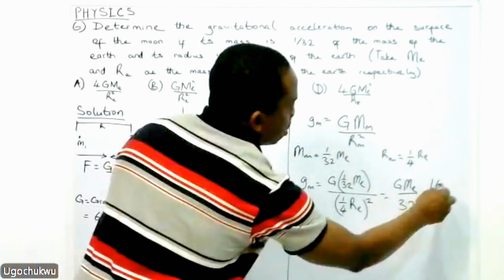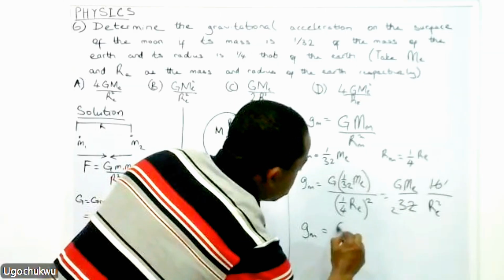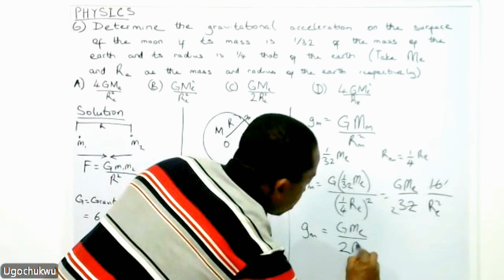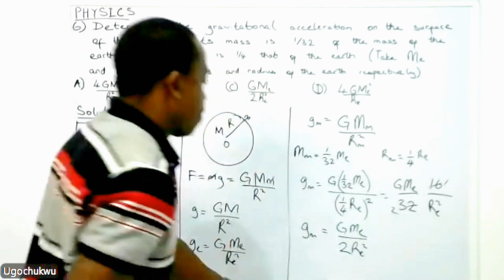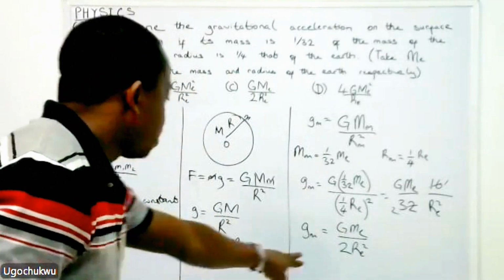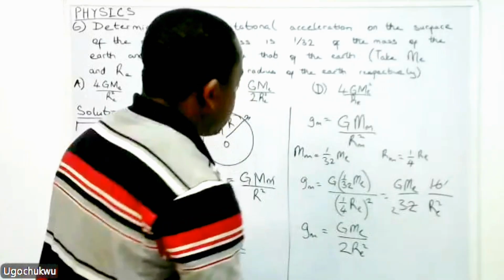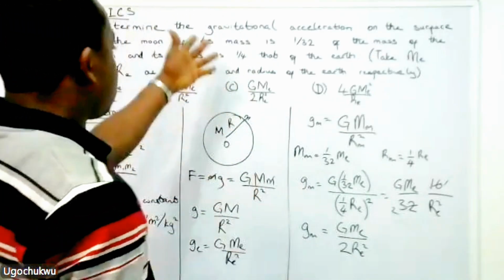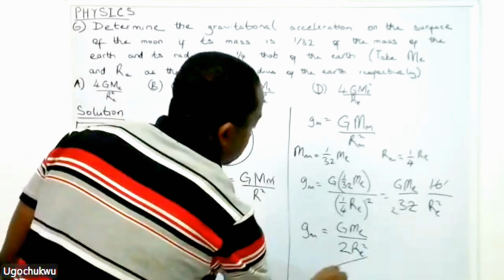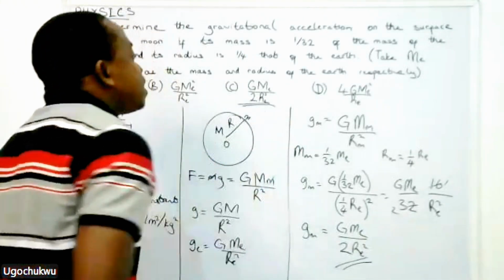So if we simplify, gravity on the moon will be equal to G ME all over 2 RE squared, right? So if we compare that to this, we can say that the gravity of the moon is half the gravity of the Earth, right? We've actually resolved our problem, and we can say that the gravity of the moon is G ME over 2 RE squared.